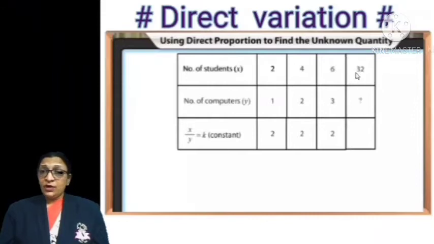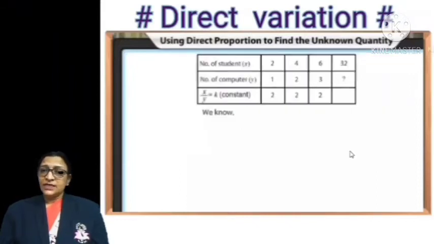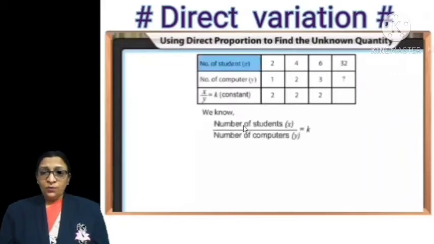So, according to the requirement, for 32 students, how many computers will be required? Let us calculate. We know the number of students x upon the number of computers y is constant, and here it is 2.